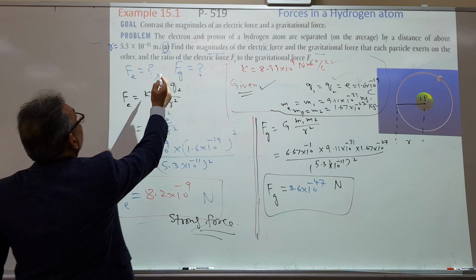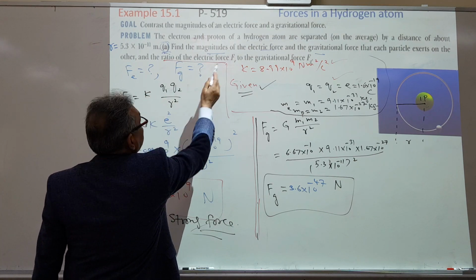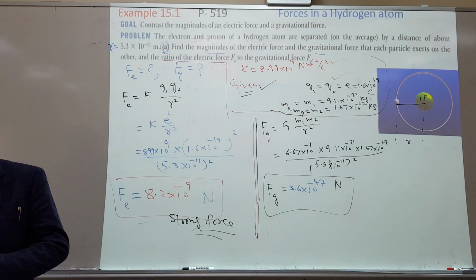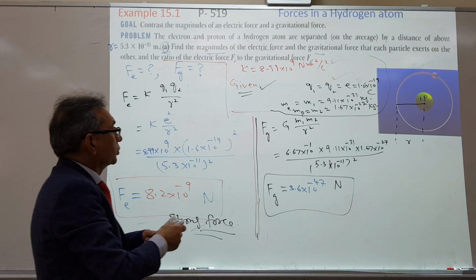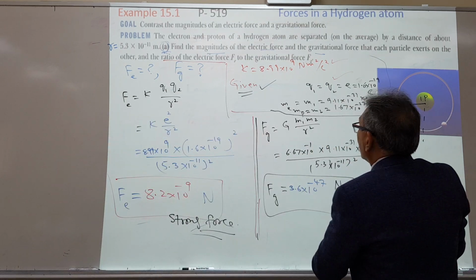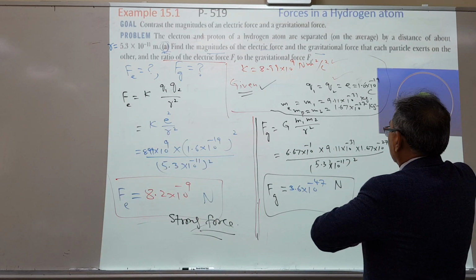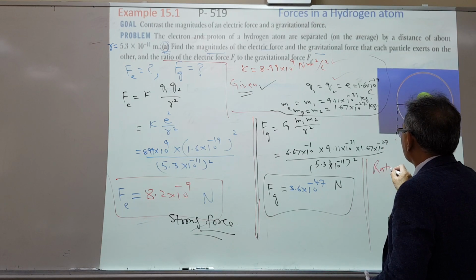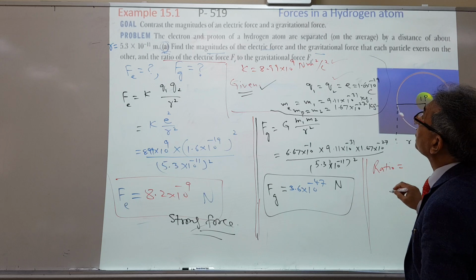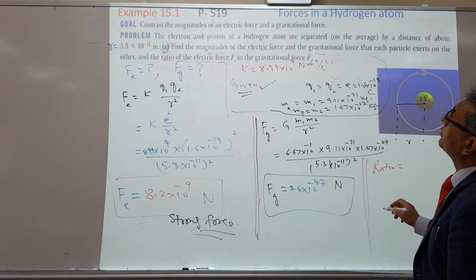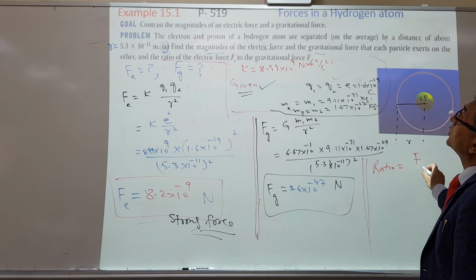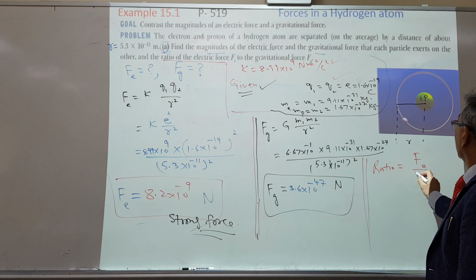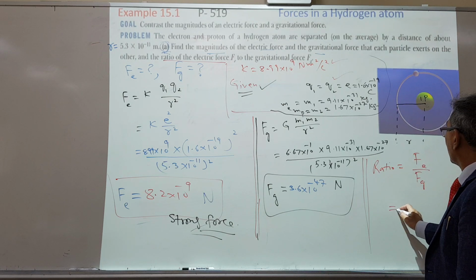And then you have to find out the ratio of the electric force to the gravitational force. So then we have to find out the ratio here. Okay, electric force to the gravitational force.